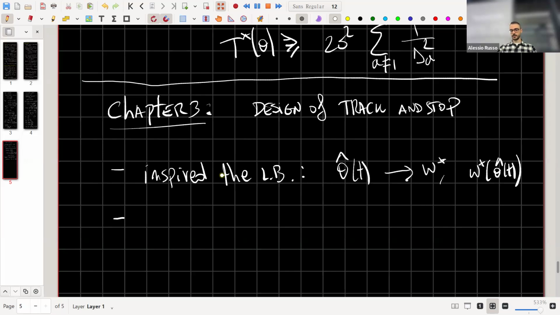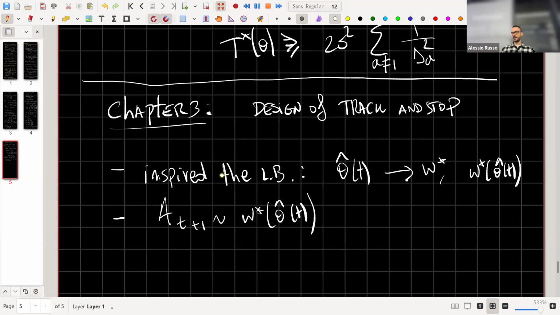This is the main idea: we use the lower bound to derive the sampling rule. So the sampling rule will somehow depend on this W. You can think that the next action we take is sampled from this vector of probabilities, this distribution over actions. But there are some issues, because this W star might be very different from the optimal one, depending on how well you estimated the model.